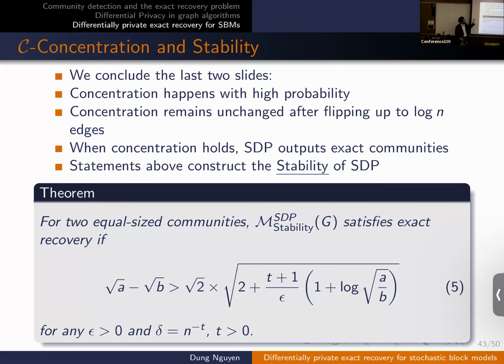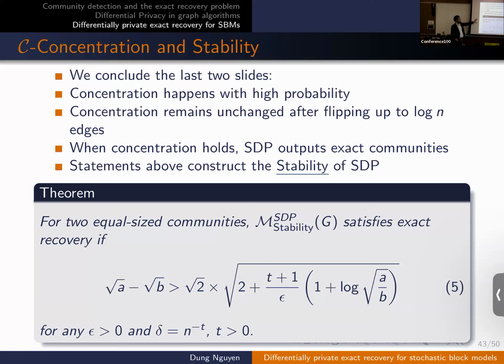And the first statement here, we prove that we can have the concentration with high probability. So by the property of the stability mechanism, we guarantee that the stability mechanism almost always produces the Gaussian and its solution.